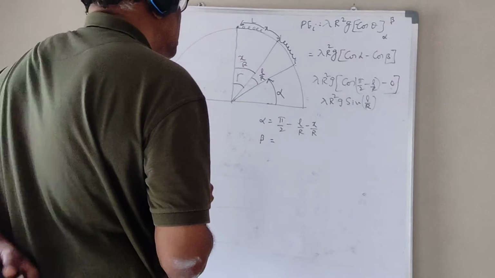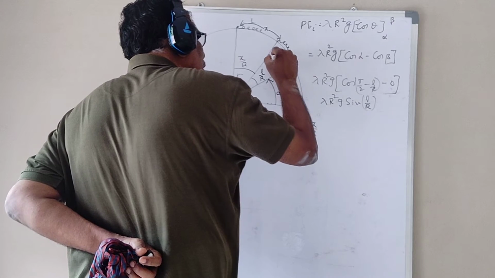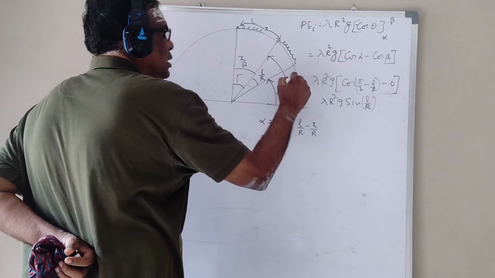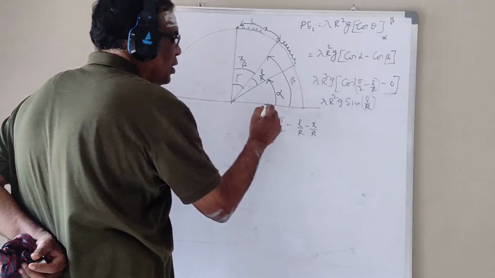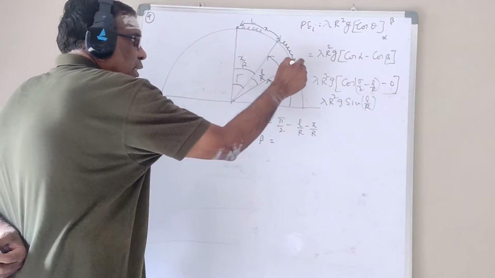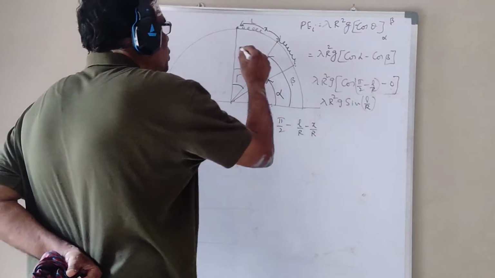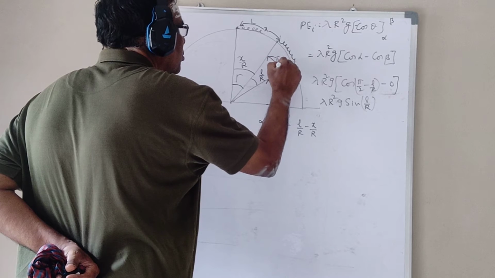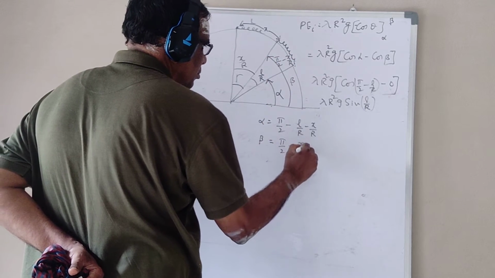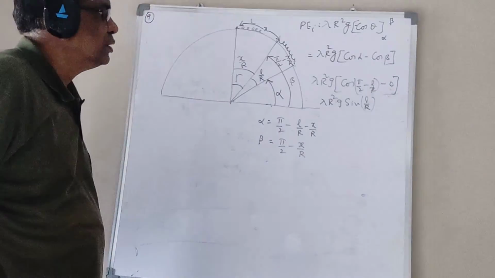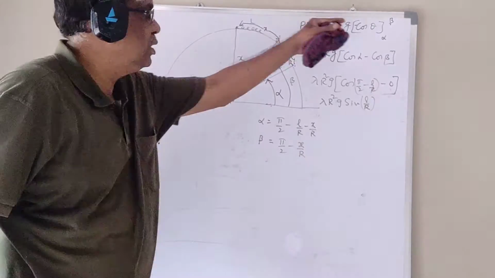what is beta? Till this point. This is beta. Beta is, you remember, this is the base value we are taking, 0, initial length, beginning of that alpha, at the end beta. So pi by 2 minus x by r. So substitute in this. Initial you already have.